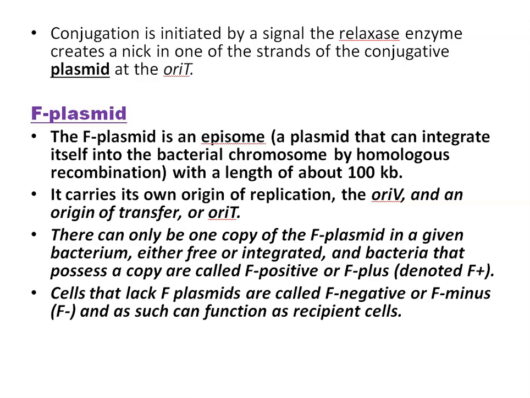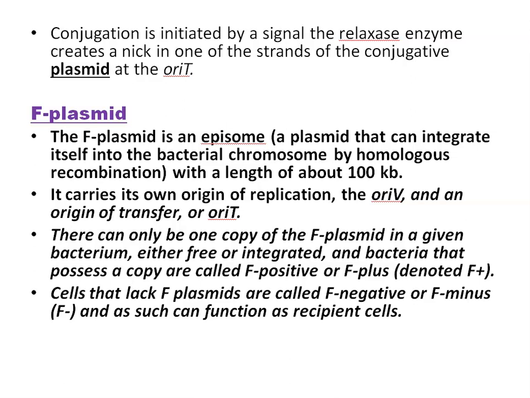This episome, with a length of about 100 kilobase pairs, carries its own region of replication, ORI-V, and a region of transfer, ORI-T. I will show this region and structure of the plasmid. Then there can only be one copy of F plasmid in a given bacterium, either free or integrated.